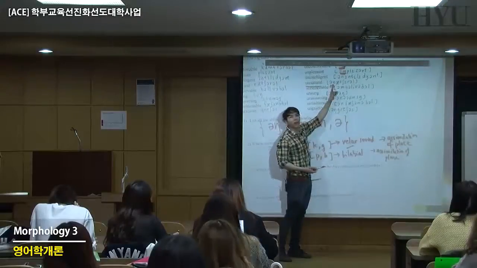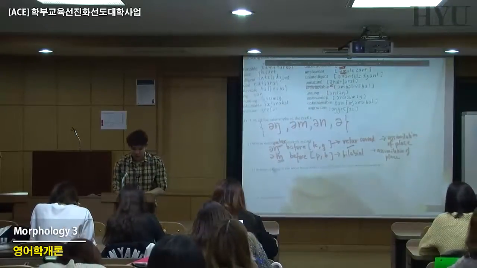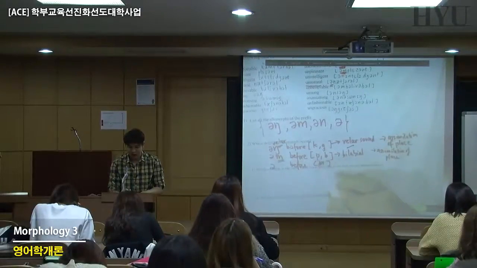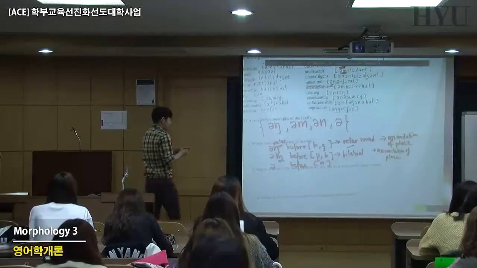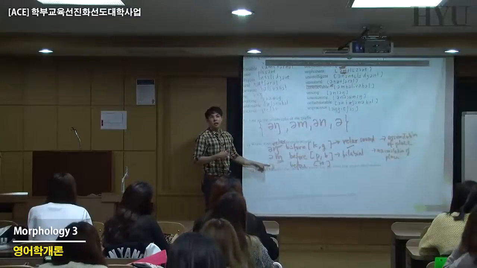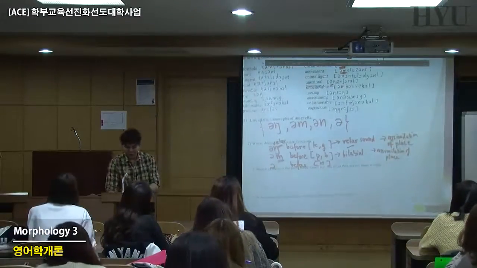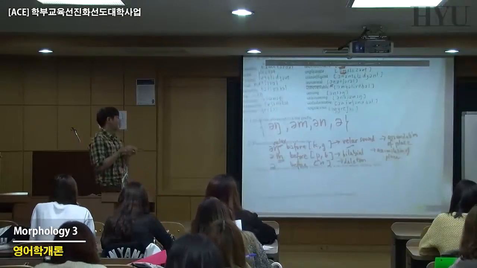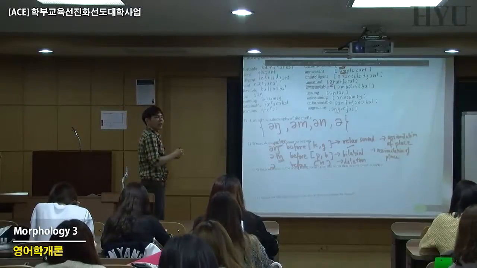So it occurs before an N. So schwa before an N. So from un to just this is called deletion, okay? Deletion, because you have 2 of the same sound, then you delete 1 sound.